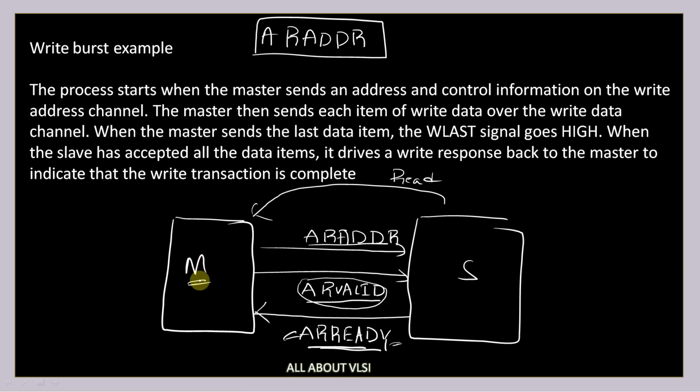If AR ready is equal to 0, then that means the slave has not completed the previous transaction, and the master will wait for the slave to complete it. Only when AR ready is made 1 is the master going to change the address information and the control information. Until it receives AR ready, it is not going to change.